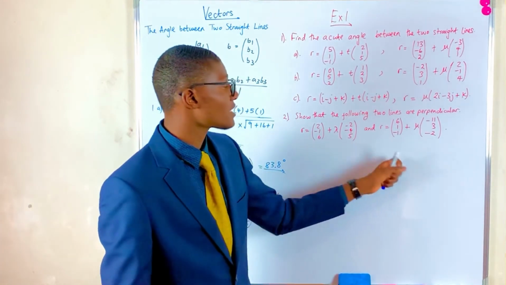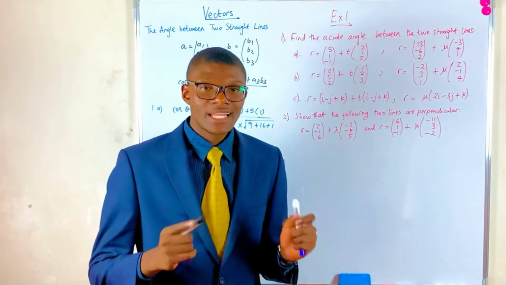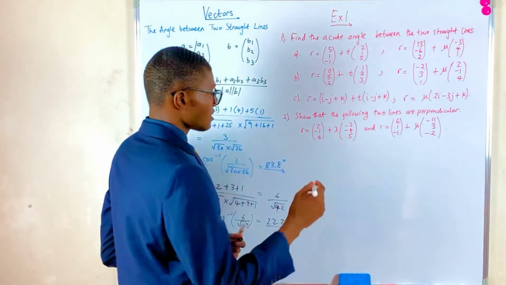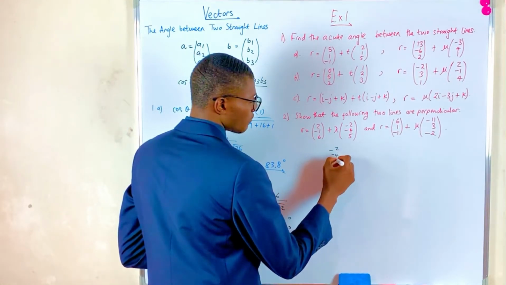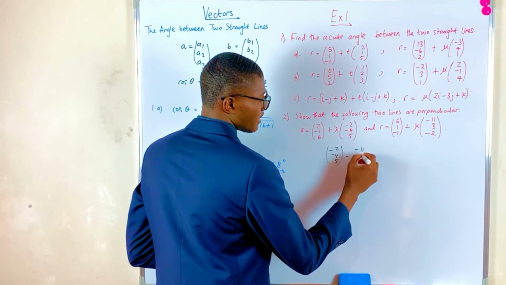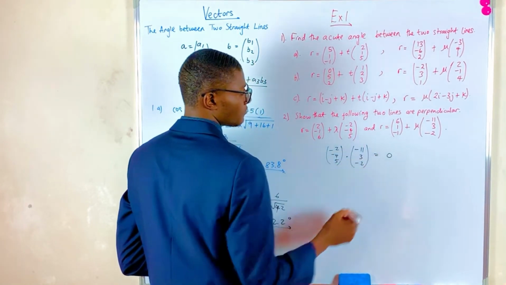So same applies here. For 2 perpendicular lines, the scalar product of their direction vectors should give us 0. So simply saying (-2, -4, 5) dot (-11, 3, -2) should give us 0.